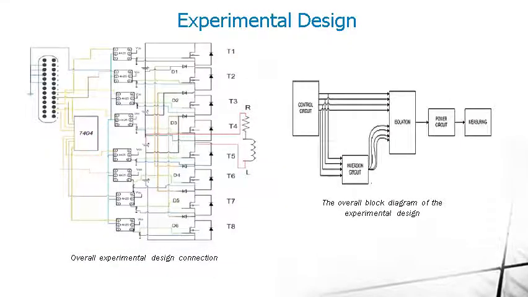Experimental design. The experimental design is constructed of five main parts: control circuit, inversion circuit, isolation, power circuit, measuring block.